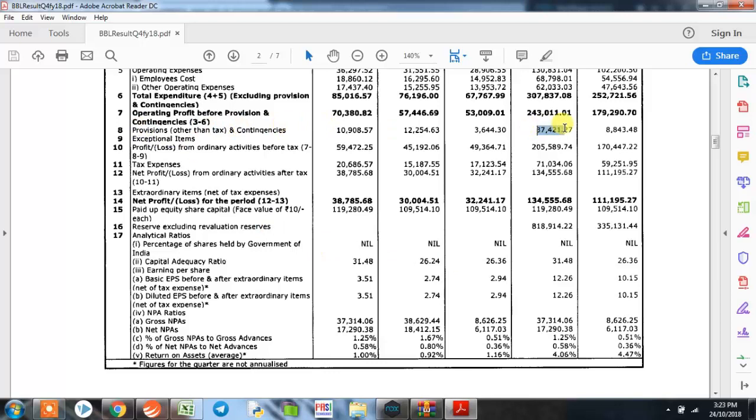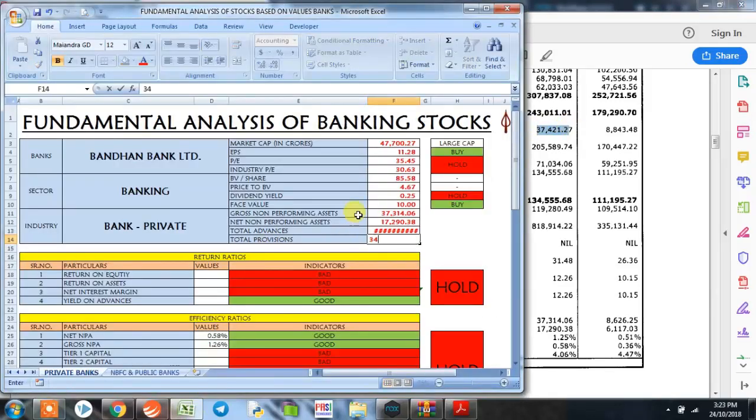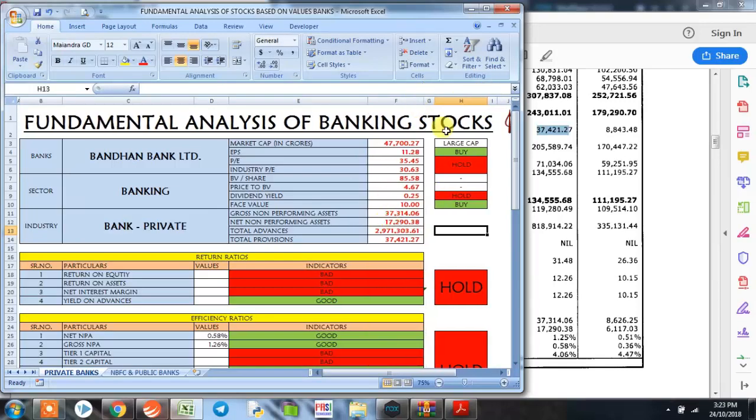So here it is 37421.27. So here we can see we have got the values.